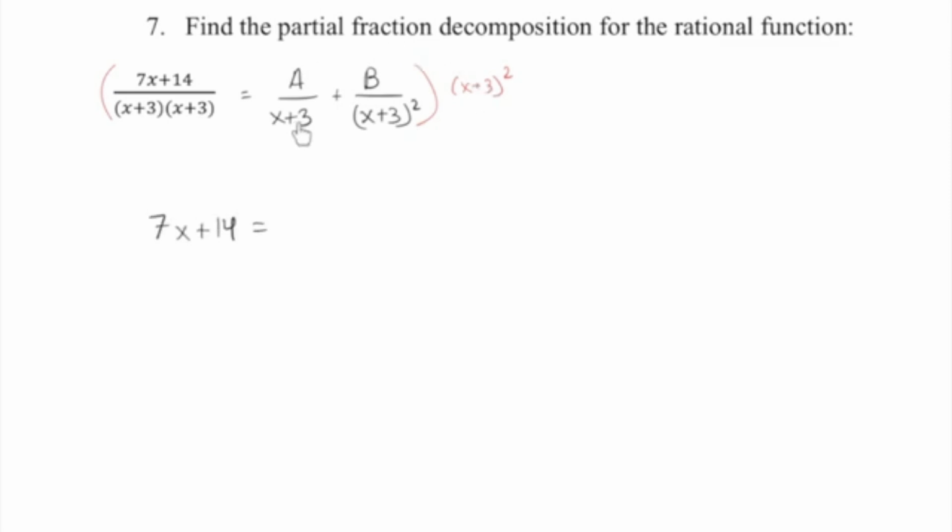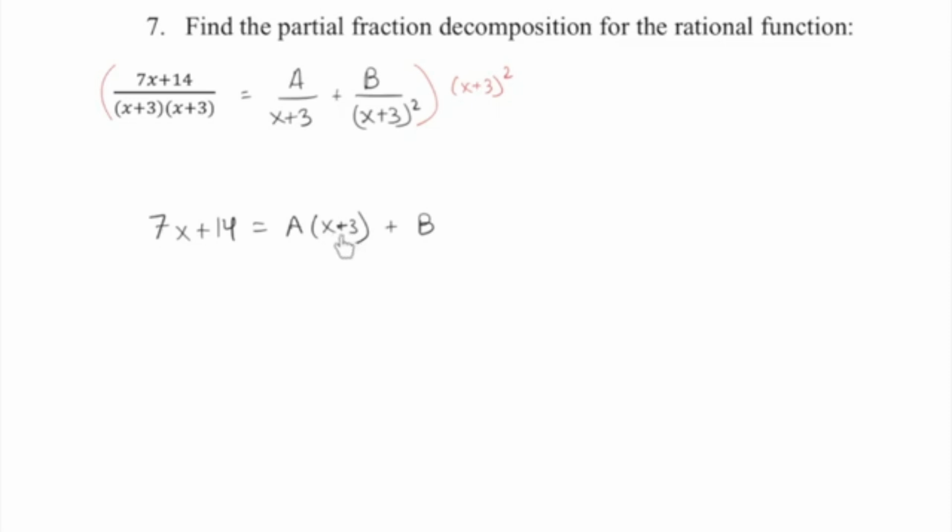When this multiplies here, x plus 3 cancels with one of these x plus 3's, so then a multiplies the other x plus 3. Now when this x plus 3 squared multiplies to this partial fraction, the whole x plus 3 squared cancels out, leaving just b. So we have one equation to solve for two unknowns. So at this point, the process I described in class was choosing a convenient value.